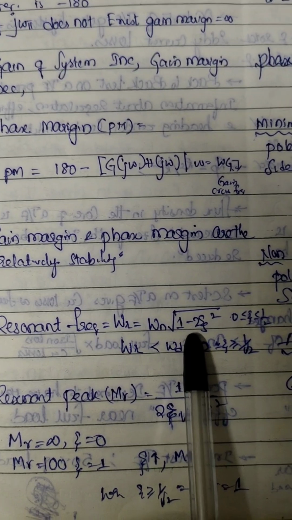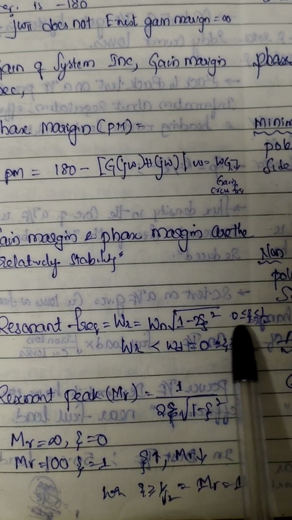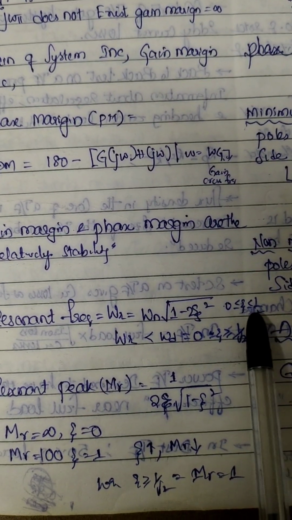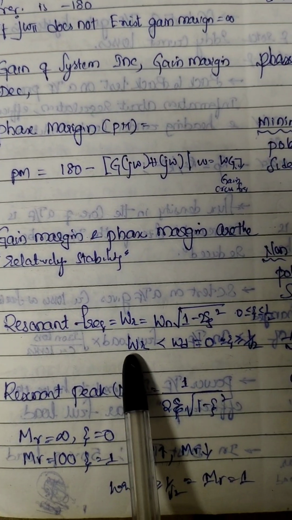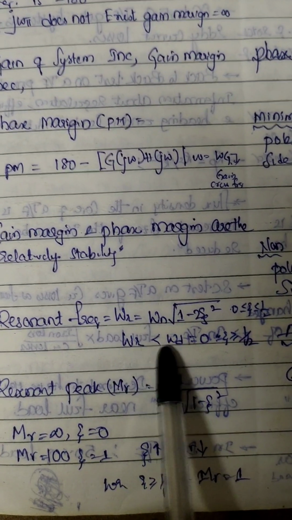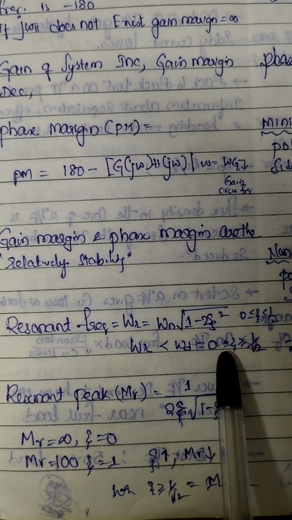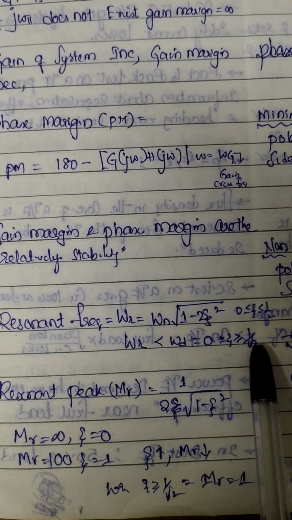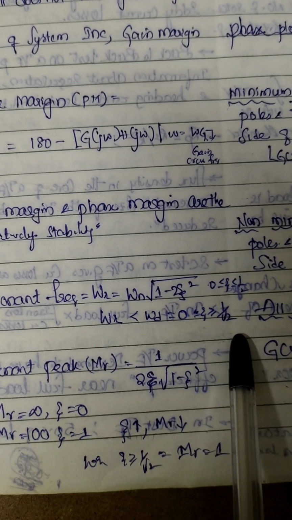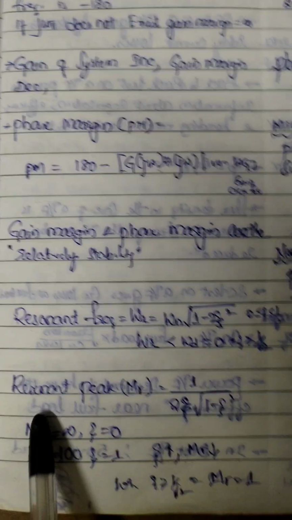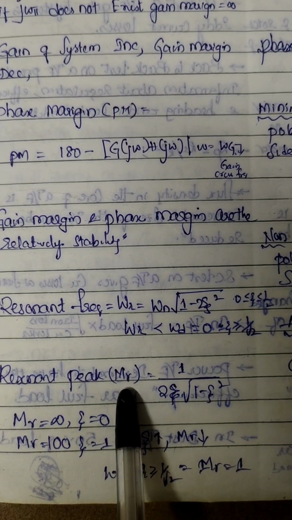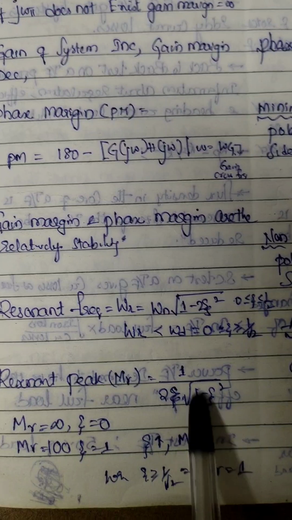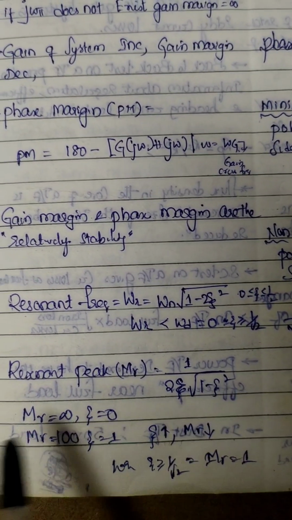The resonant frequency omega r is equal to omega n under root of 1 minus 2 zeta square, for 0 less than or equal to zeta less than or equal to 1 by root 2, where omega r, the resonant frequency, is less than omega d. The resonant peak Mr is equal to 1 by 2 zeta under root of 1 minus zeta square.